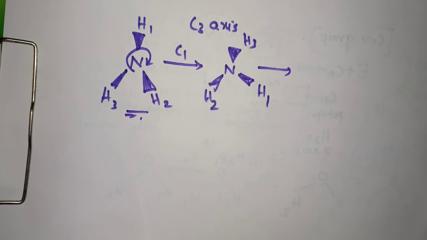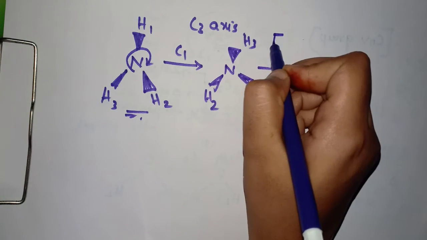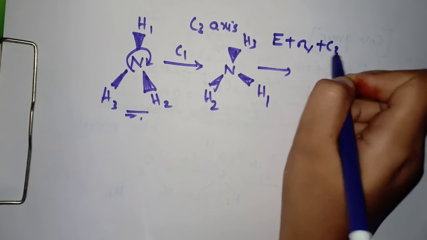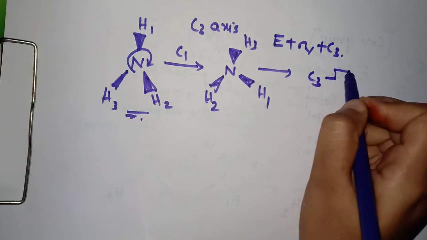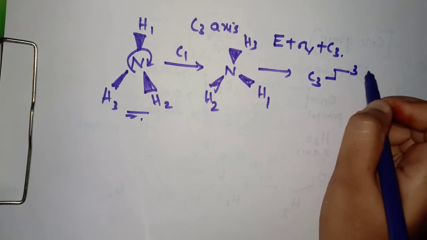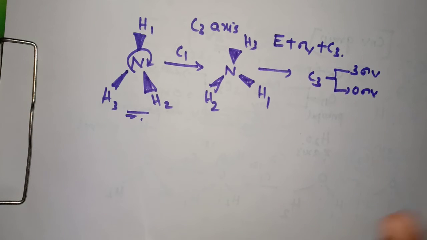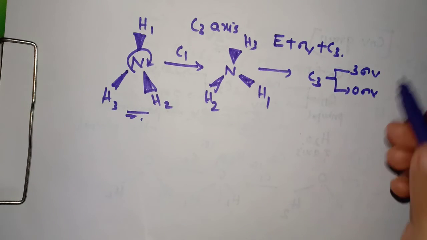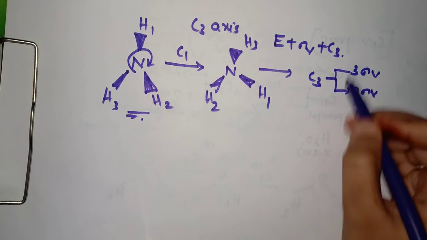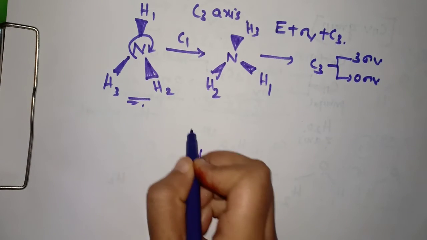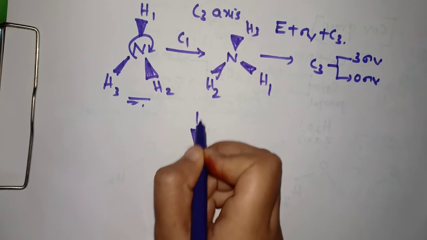Now we are discussing the vertical plane of symmetry in this. It should consist of E, sigma V and C3 operations. If C3 is present, how many sigma will be present? 3 sigma V will be present or 0 sigma V will be present. If we see 1 sigma V, then we should directly write that we are having 3 sigma V's.